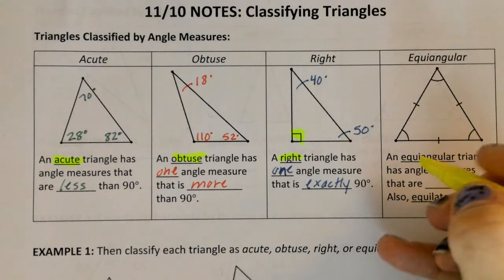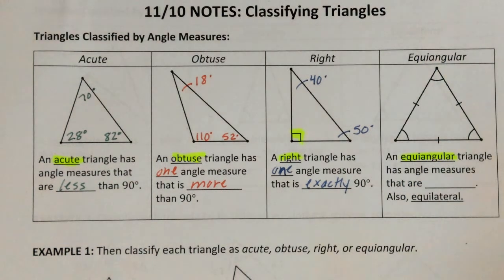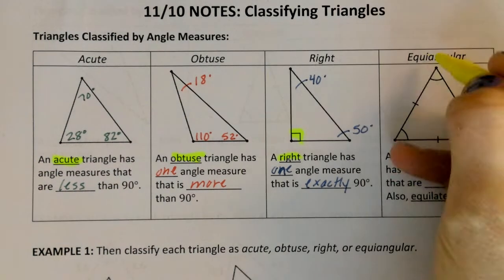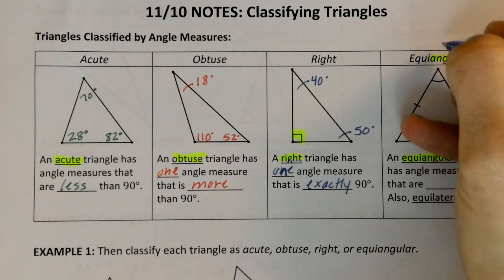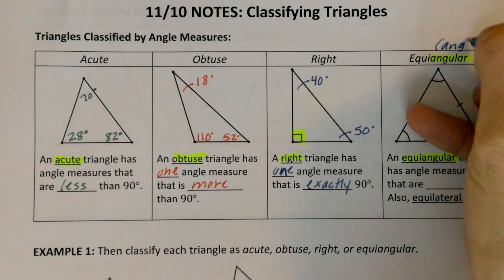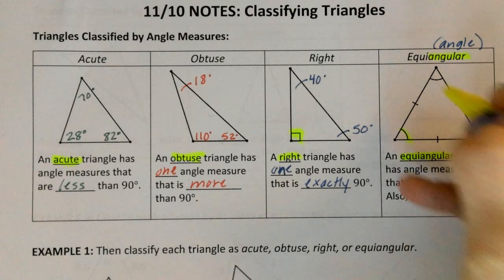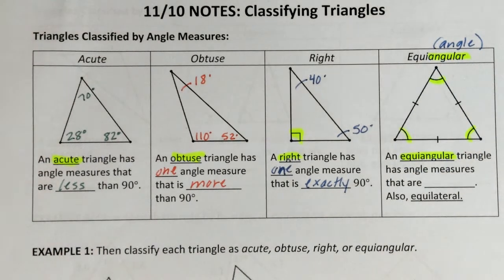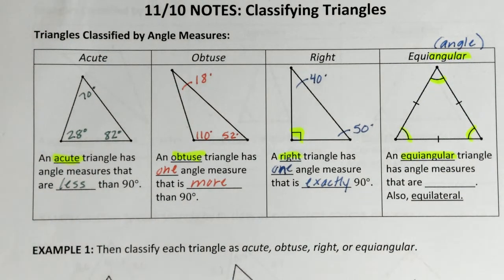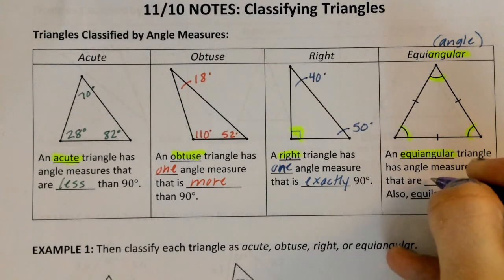Equiangular: equi meaning equal, angular meaning angle. This angular part is just talking about your angles. You're going to notice these congruent markings we talked about with angles. They're all three going to be exactly the same measurement. So an equiangular triangle has angle measures that are congruent.